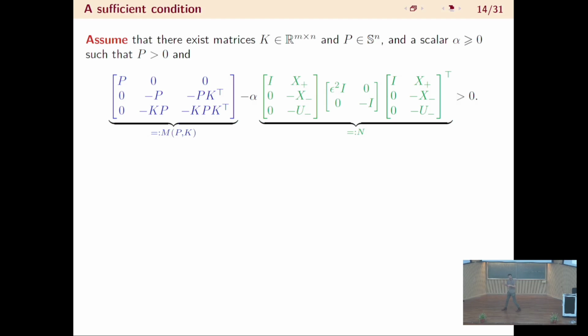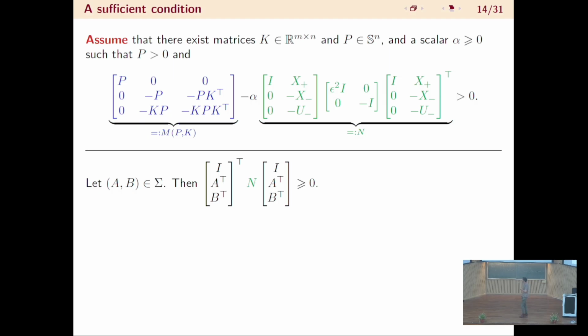Okay, let's see what happens then if I do that. So let's say that we take some arbitrary system consistent with the data, AB. Since AB is in sigma if and only if this quadratic matrix inequality holds, we know that indeed this inequality is satisfied.